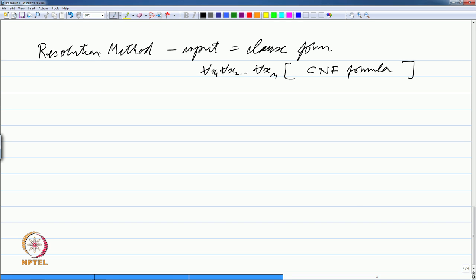So, this particular form is called a clause form, where there are only universal quantifiers and they are all outside to the left, and inside the bracket we have a formula in conjunctive normal form. There are no quantifiers inside, there are no implication signs, there are no equivalence signs, only the CNF form: and, or, and not, and everything should be in that form essentially. So, one of the first things we need to do is to convert formulas into clause form. So, let us look at a way of doing that essentially.